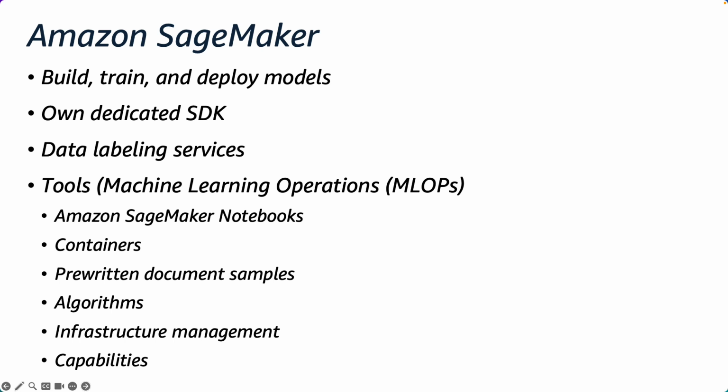Well, first, the Boto3 Python library can configure SageMaker, and it has its own dedicated SDK for Python. Also, SageMaker has data labeling services, tools such as SageMaker notebooks, containers, pre-written document samples, algorithms, and examples of those algorithms that are already in SageMaker, and infrastructure management and capabilities. There are also tools under the machine learning operations or MLOps.